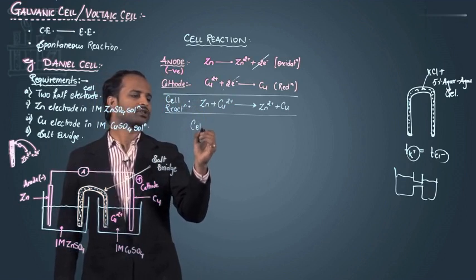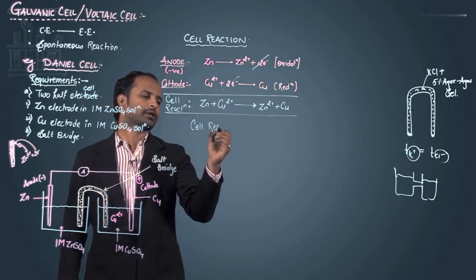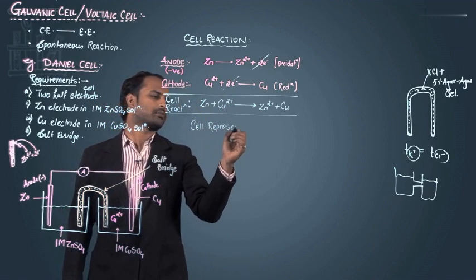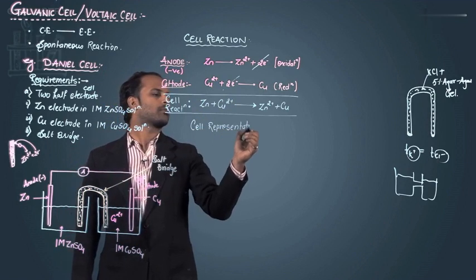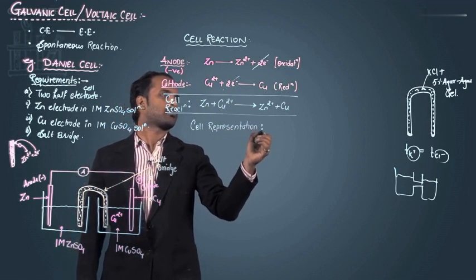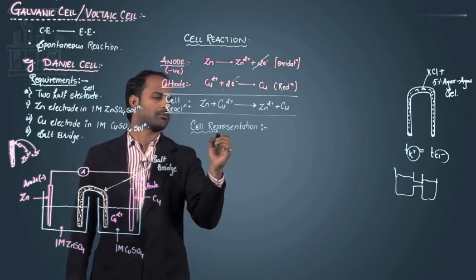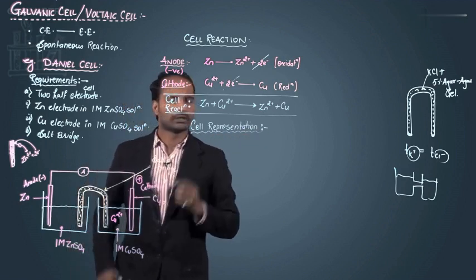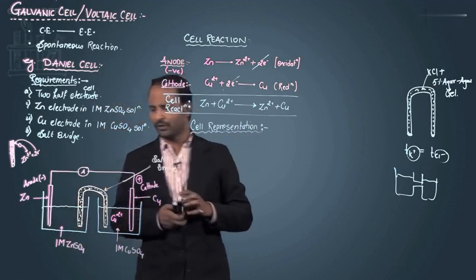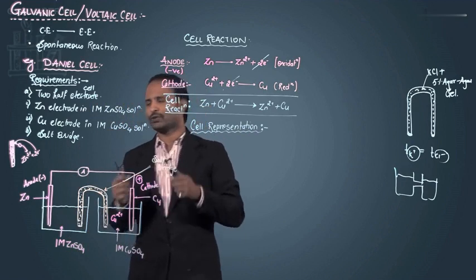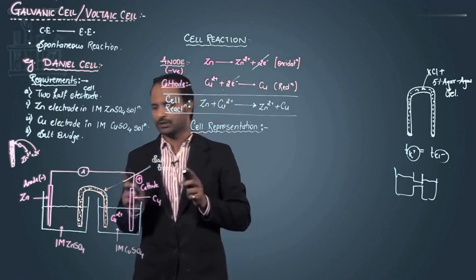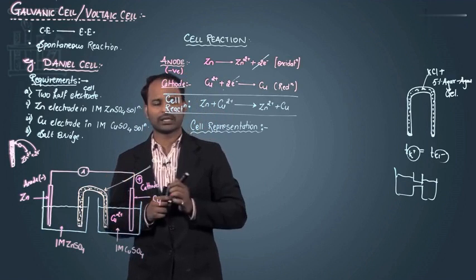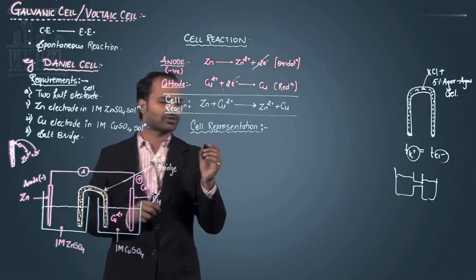Now, the next thing, cell representation. Whatever I explained can be represented by a single line. So let's see the cell representation of this Daniell cell.